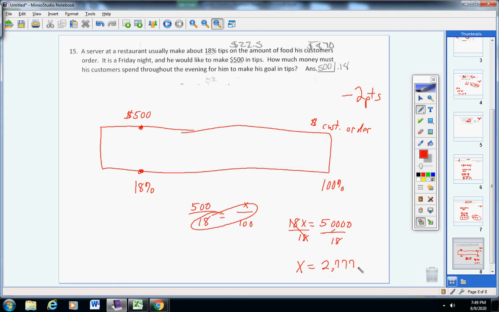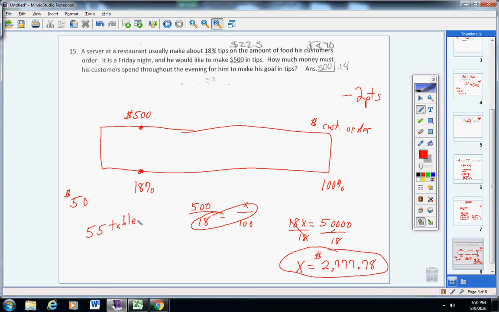$2,777.78 rounded. So that's how much food she needs to sell on her Friday night shift. Okay? And is that possible? Well, I mean, if each table averages $50, then she needs to serve 55 tables.